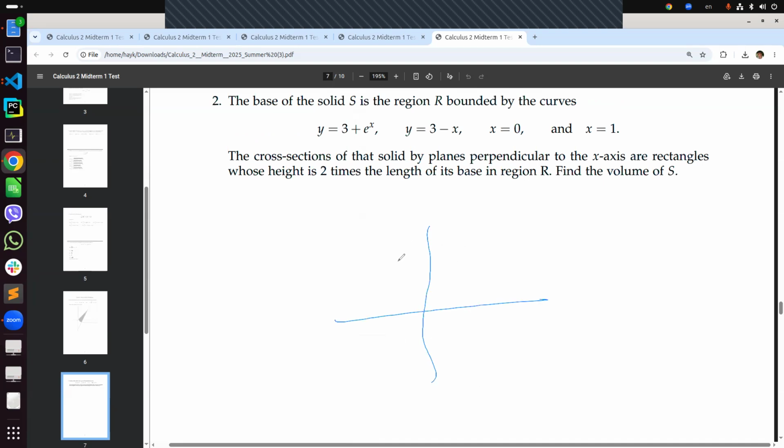What do we have? 3 plus exponential x, 3 minus x, x equals 0 and x equals 1.